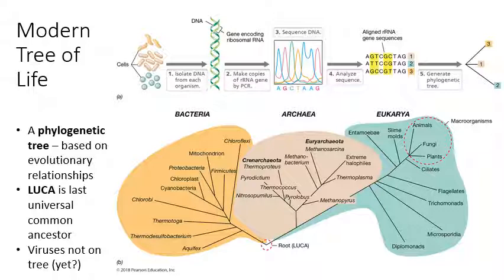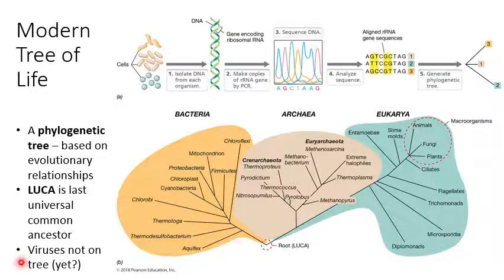In this case, genetics of rRNA. At the root of the tree, you have LUCA, the last universal common ancestor. Then you have bacteria with their bacterial rRNA sequences, archaea with archaeal rRNA sequences, and eukarya with eukaryotic rRNA sequences. The only thing that's missing from this tree is viruses.